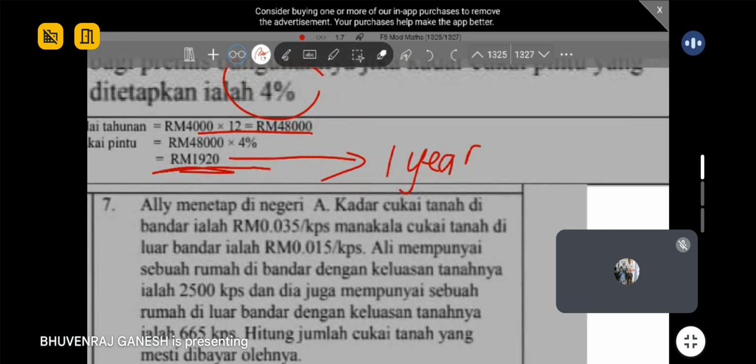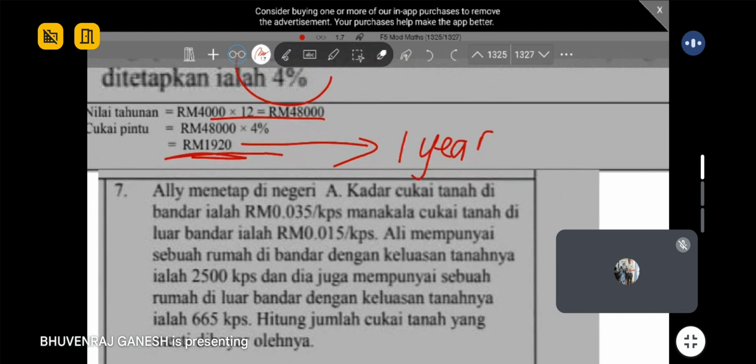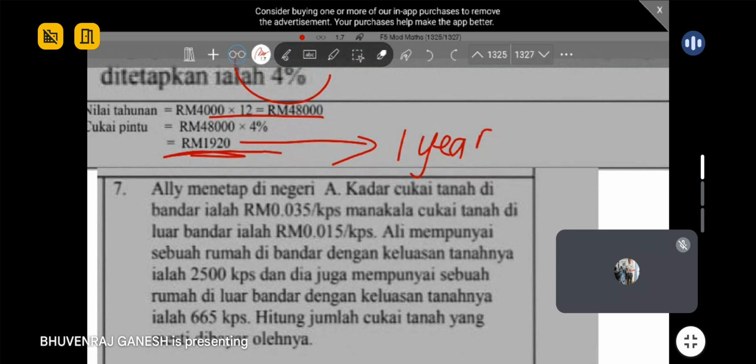This one is dealing with cukai tanah. So basically, they tell you in Negeri A, in the state of A, they say that the rate is 0.035 per KPS. Okay, and then outside of the town, the rate is 0.015.